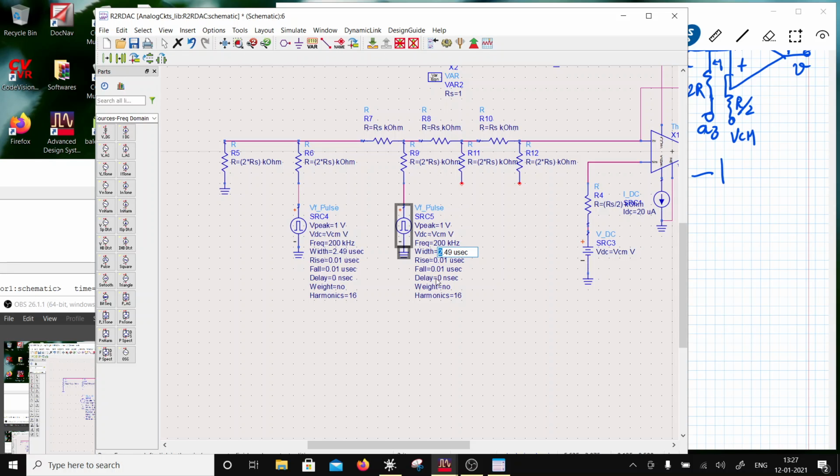So it will be 2.5. This will be 4.99. And this is going to be 100 kilohertz, right?